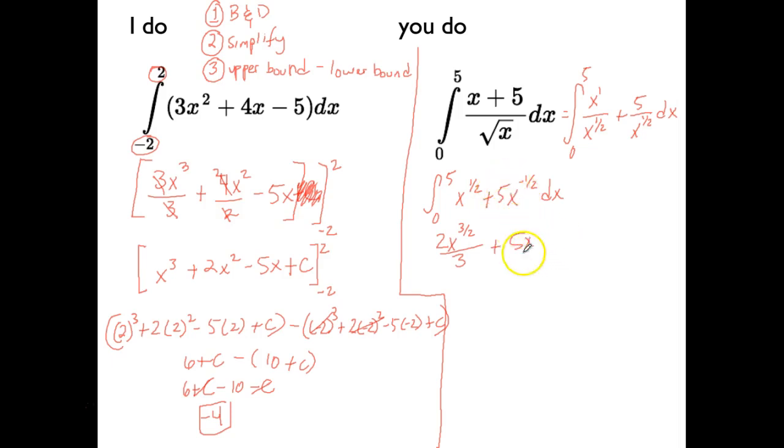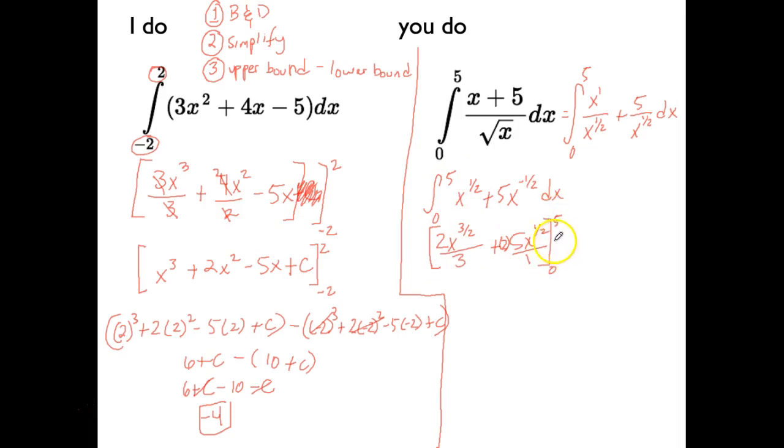You rewrite the coefficient and your variable, then you boost your exponent. So negative half plus 1 would give me a positive half. Divide by a half, which means the 1 goes on bottom, the 2 comes up on top. We're multiplying with it. And then I don't need the plus c. I can put brackets. I need my lower and my upper bound, 0 to 5.